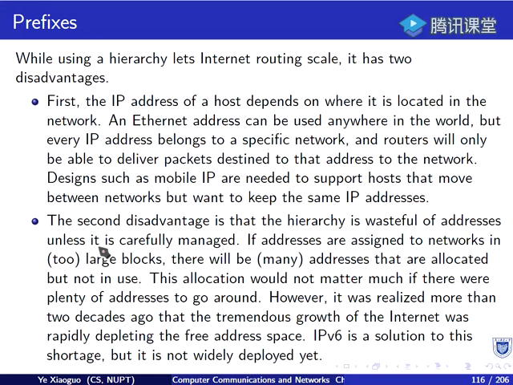While using a hierarchy helps internet routing scale, it has two disadvantages. First, the IP address of a host depends on where it is located in the internet. An Ethernet address can be used anywhere in the world because the Ethernet address is flat, not hierarchical.